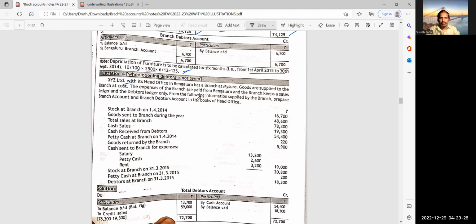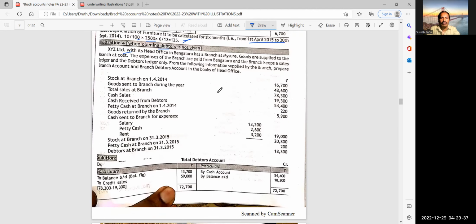The expenses of the branch are paid from Bengaluru, and the branch keeps a sales ledger and the debtors ledger only. From the following information supplied by the branch, prepare branch account and branch debtors account in the books of head office. So stock, this is opening 16,700.